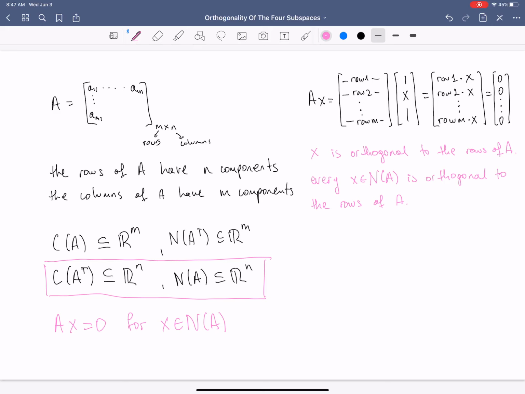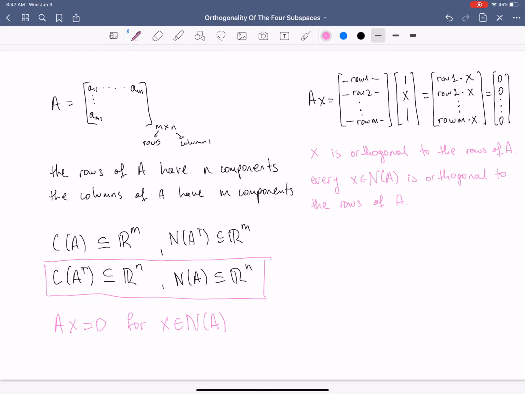Well, remember, we describe spaces through their bases. So really, to say that two vector spaces are orthogonal, it's enough to check that given a basis for the one space and given a basis for the other space, if each vector in the one basis is orthogonal to every element in the other basis, then we know that the two spaces are orthogonal.